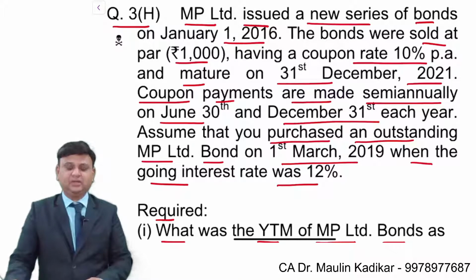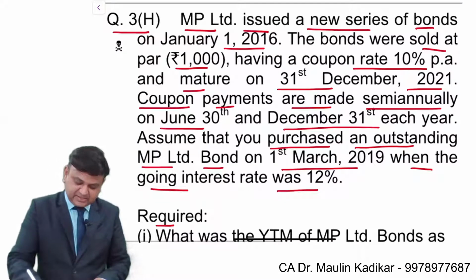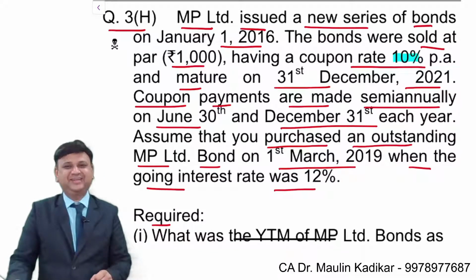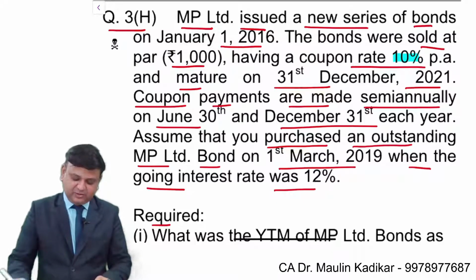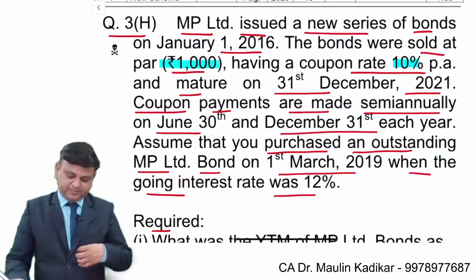Friends, over here, the answer of the first part of the question is very simple. The answer is 10%. Simple. You can see that the information is given to us. 1000 rupees is the face value. We have been provided with the information that MP Limited issued new series bond.